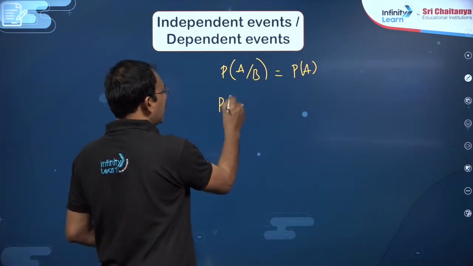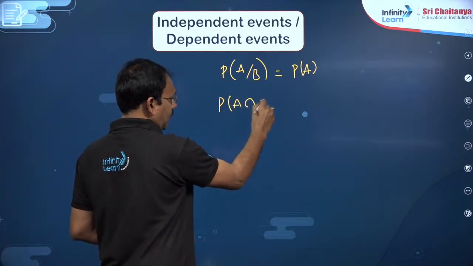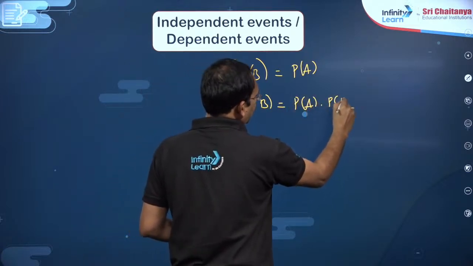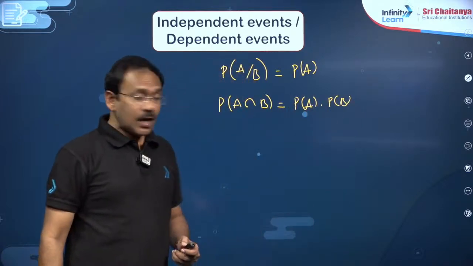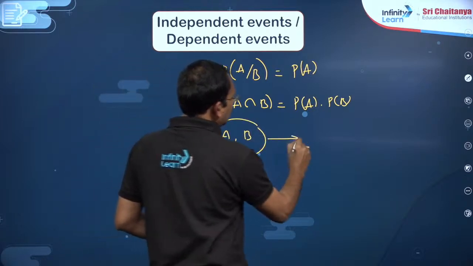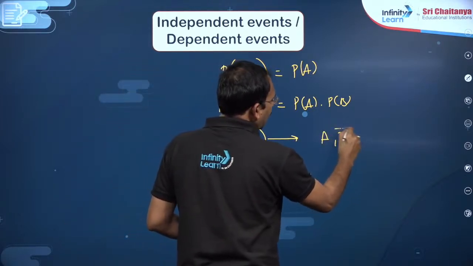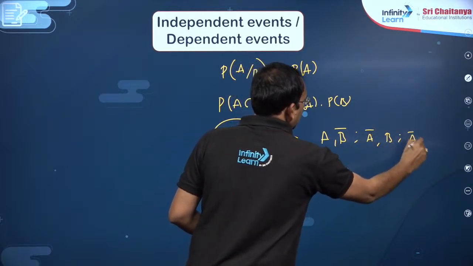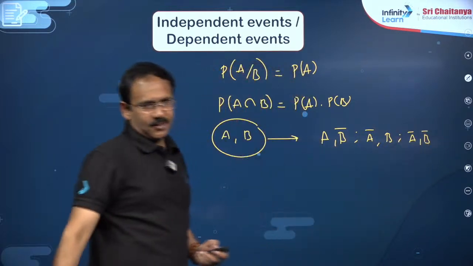So for independent events, do remember P of A intersection B can be written as P of A into P of B. Now, if A and B are independent, you can also say A, B bar are independent, A bar, B are independent, and A bar, B bar are also independent.